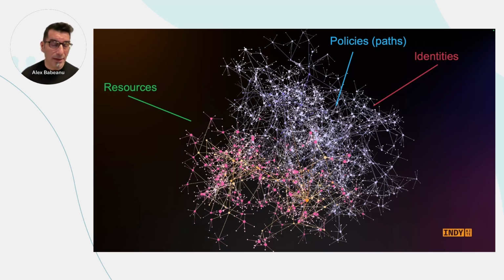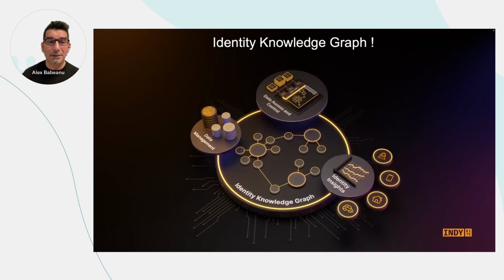So this is great. Once you've done that, what you have is an identity knowledge graph. Not only do you have your knowledge graph, but now you've injected identity into it, which gives you all kinds of benefits: identity insights, data access control, and data management as well.